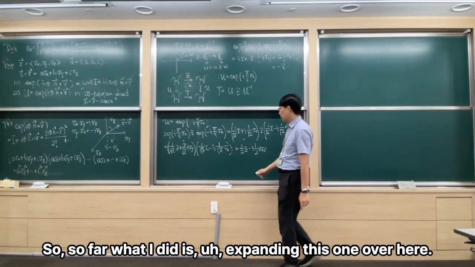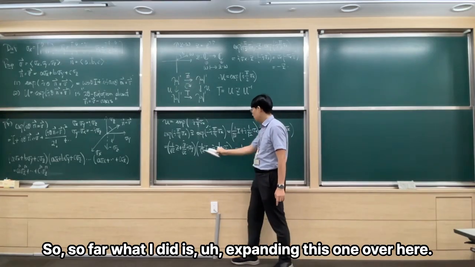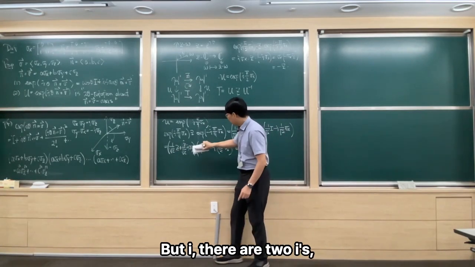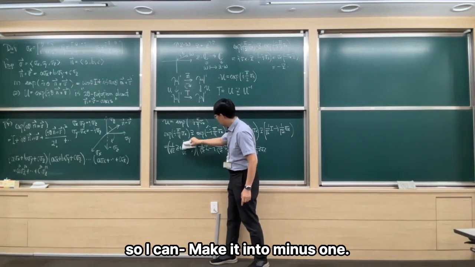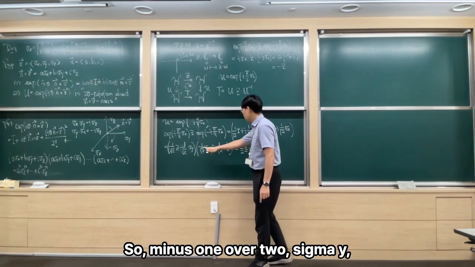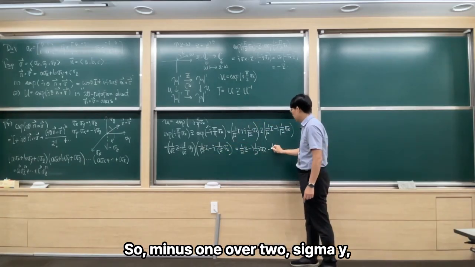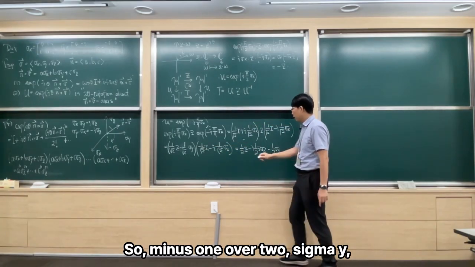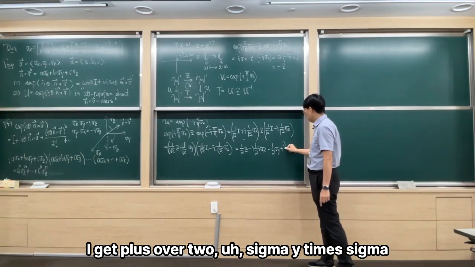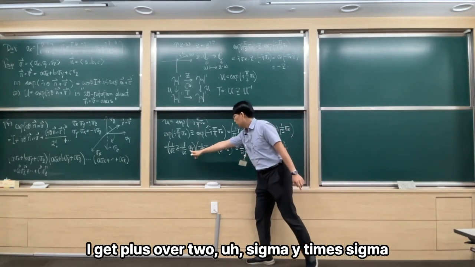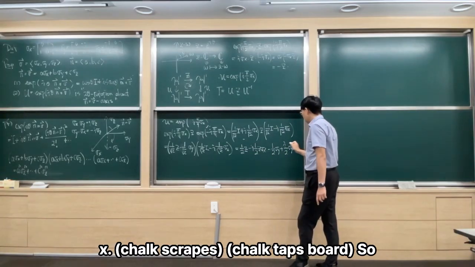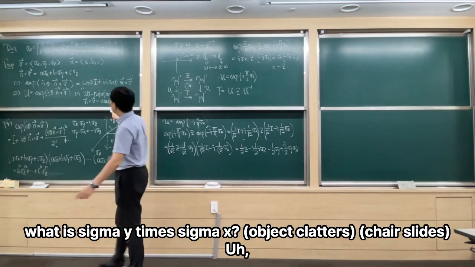So far what I did is expanding this one over here. Let's do this one over here. But there are two i's, so I can make it into minus 1. So minus 1/2 sigma y, and multiplying these two, I get plus i over 2 sigma y times sigma x. So what is sigma y times sigma x?